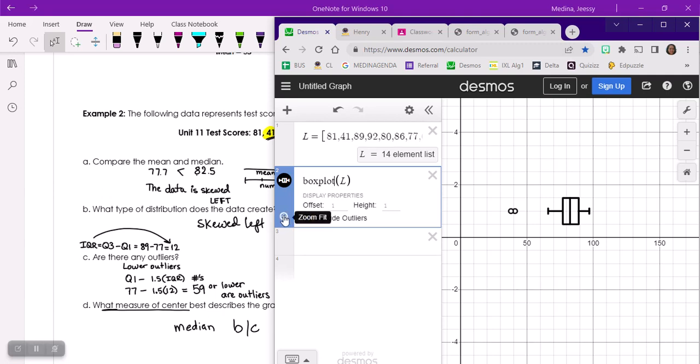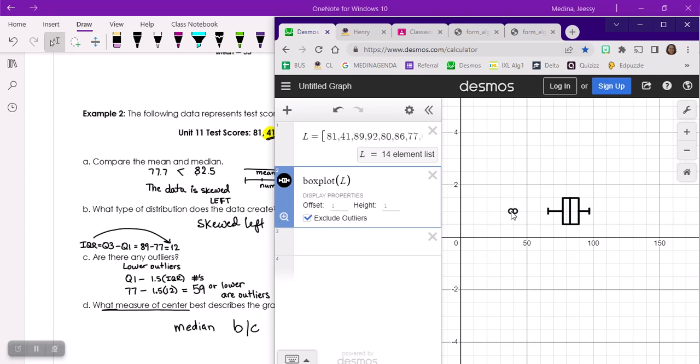You're going to put box plot. Look, if you click exclude outliers, you can see the tail, the left tail. Remember we said it was skewed left? And if you click on exclude the outliers, it'll tell you where they are. You have to hit this little plus sign, the magnifier plus sign.